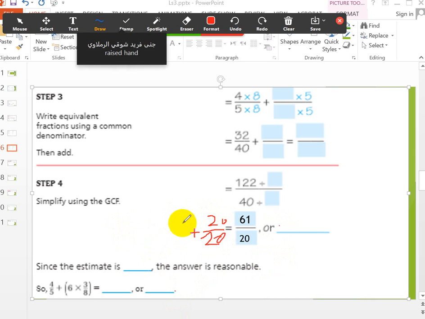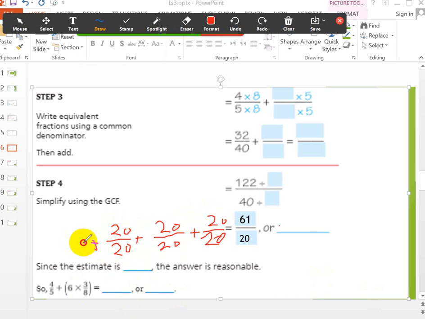It will be also 20 over 20 plus 20 over 20. So how many 20s in the 61? I think you have 3 20s, right? And the number left in the 61 will be 1 over 20.